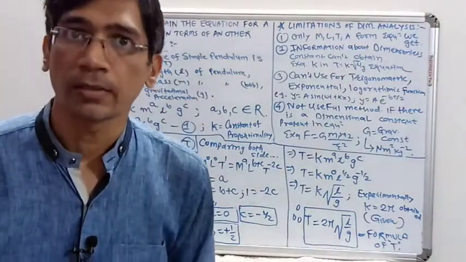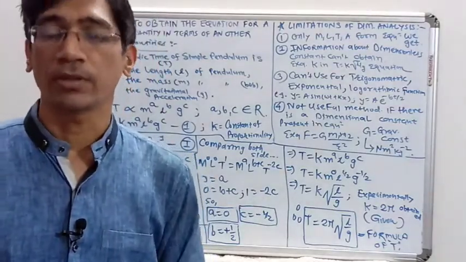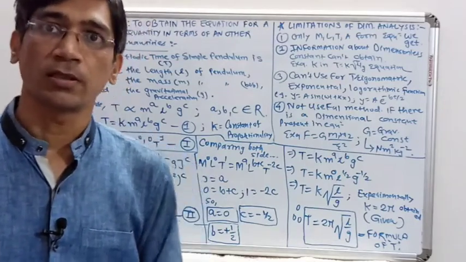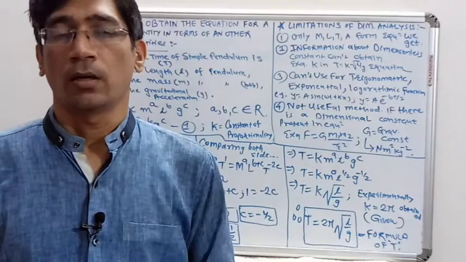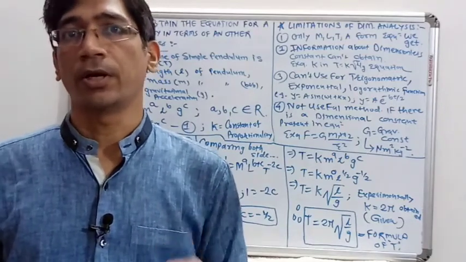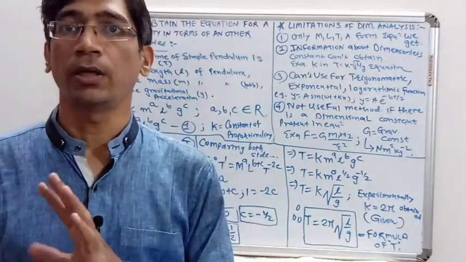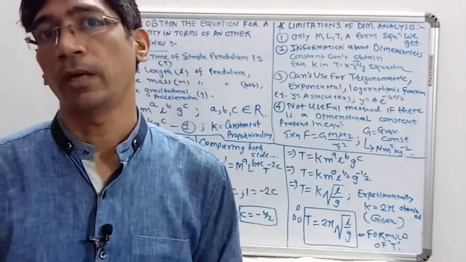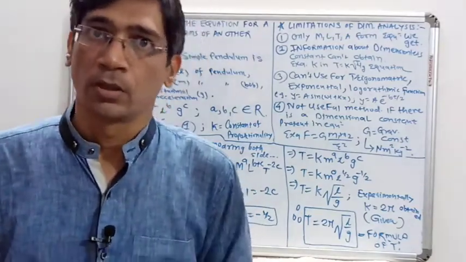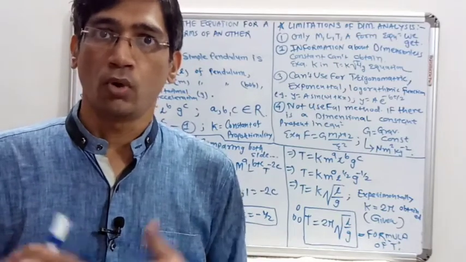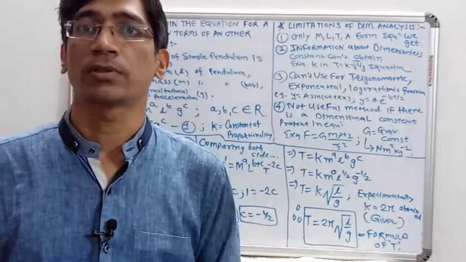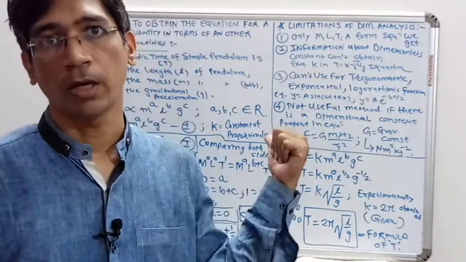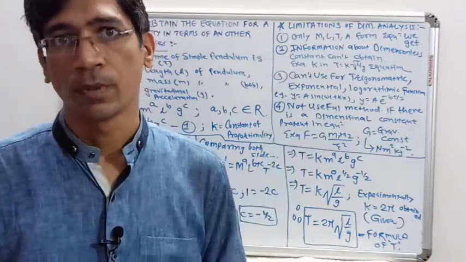Now there are some limitations of dimensional analysis. What are the limitations? We can only write the equation in terms of M, L, T, or in terms of M, L, T, A, where A is for the ampere. So more than three terms in the equation we cannot write using this method.